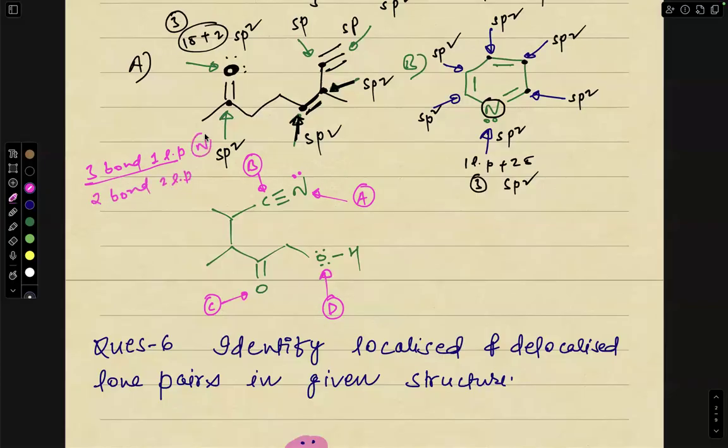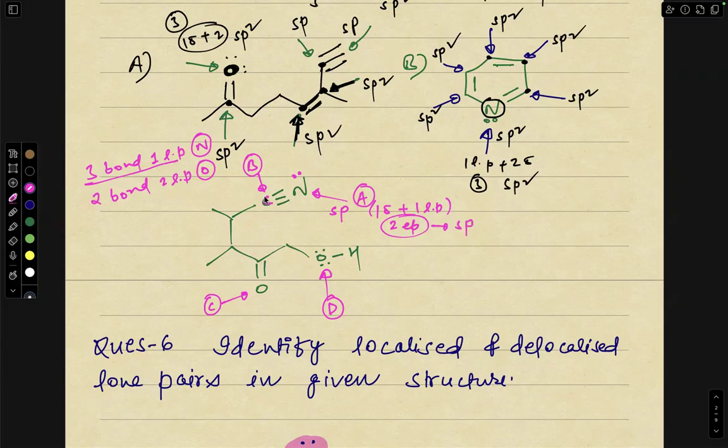This one for nitrogen, this one for oxygen. Okay, so nitrogen is what? Tell me everyone. Yes, sp. Very good job. Why? Because nitrogen have 1 sigma plus 1 lone pair, total 2 electron pair. So 2 electron pair means sp.